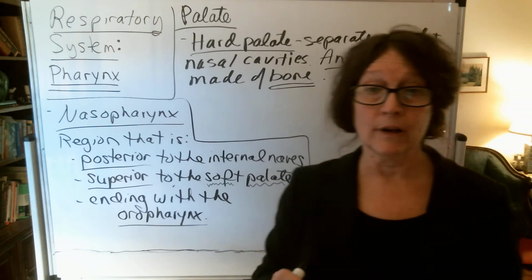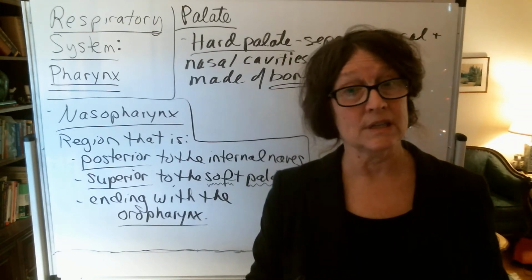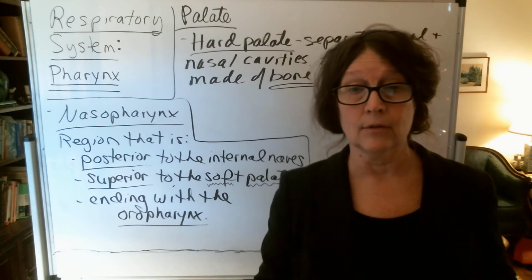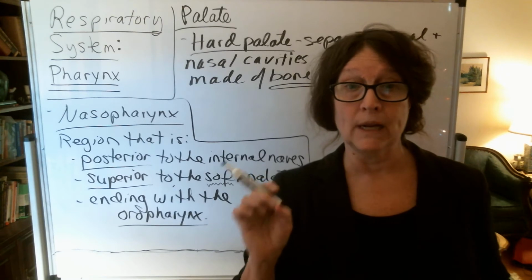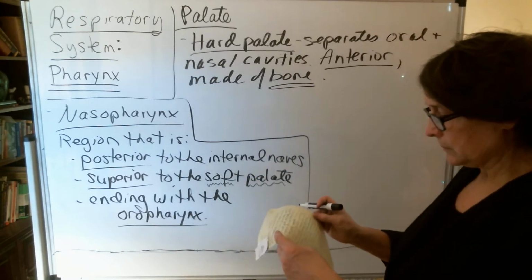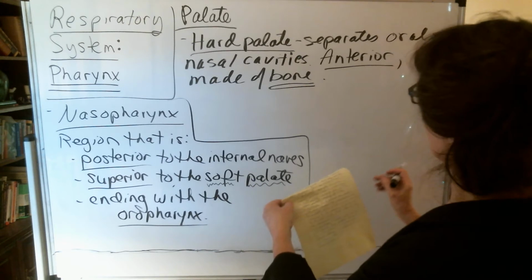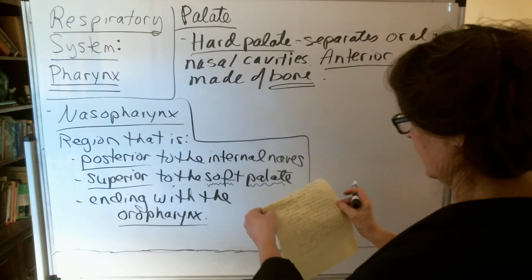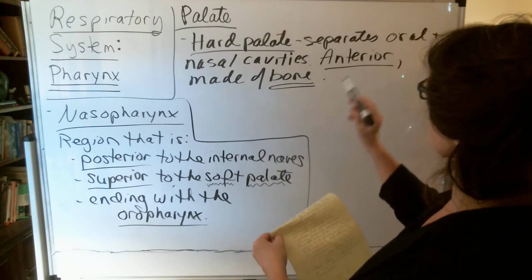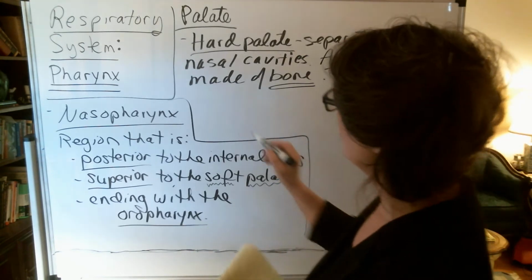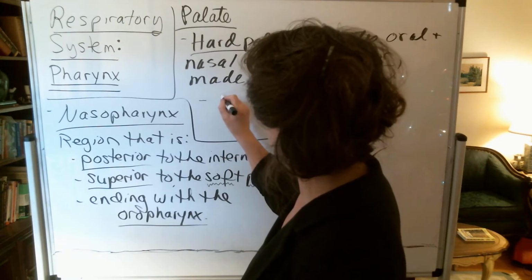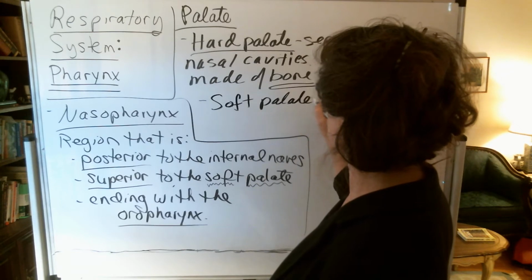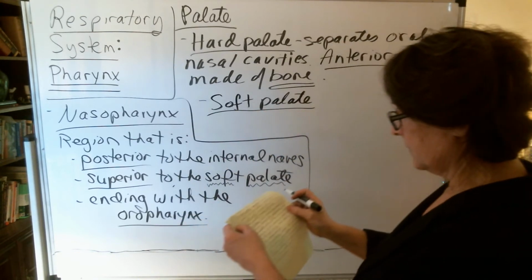You probably remember again from when you were studying the skull, there was the palatine bone, and that portion then of the frontal bone making up the bony hard palate. So the hard palate then separates the oral and nasal passages. It is more anterior. It is made of bone. And then we have the soft palate.